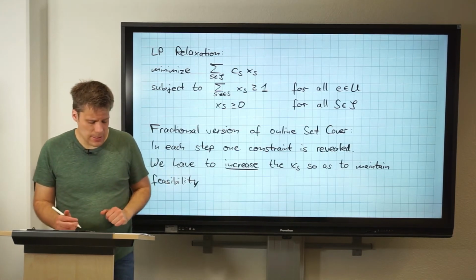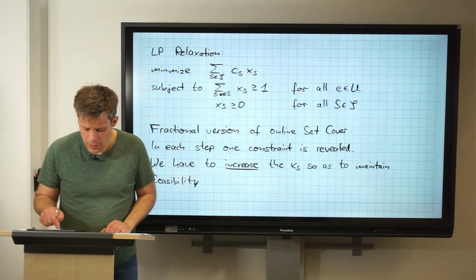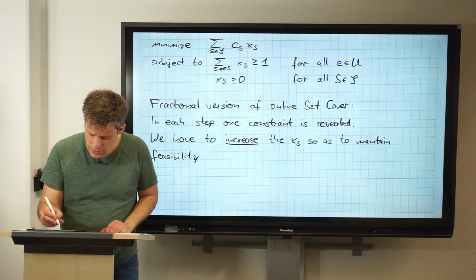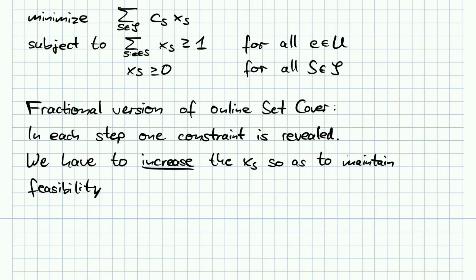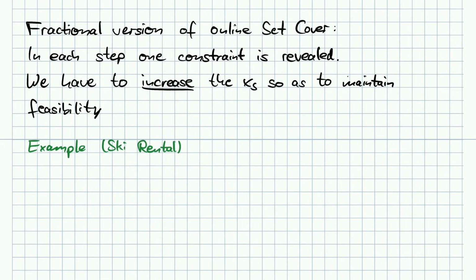But let's quickly see this in one more example, what this means, namely, what does this mean in our favorite example of online set cover, which is ski rental. There we have again the objective to minimize something, and let me now rewrite this a bit so that it is easier to read.